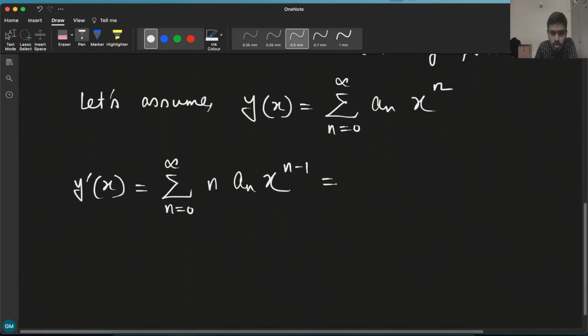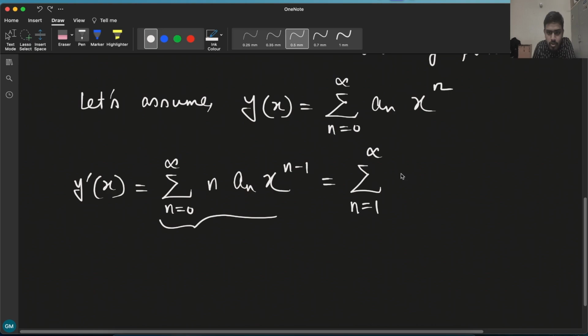Or n equals 1 to infinity, because if I put n equals 0, then this term is 0. So n starting from 0 or n starting from 1 is basically the same thing, because the 0th term in this series is 0 because of this n here.